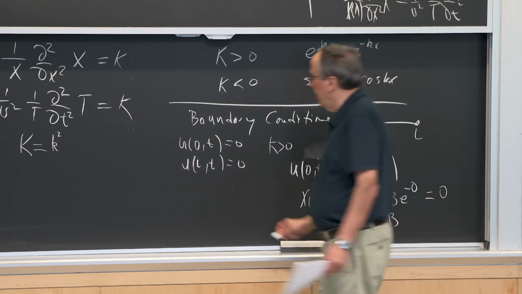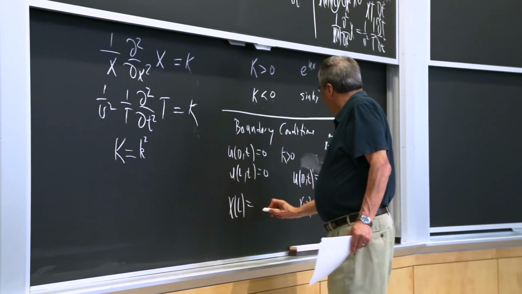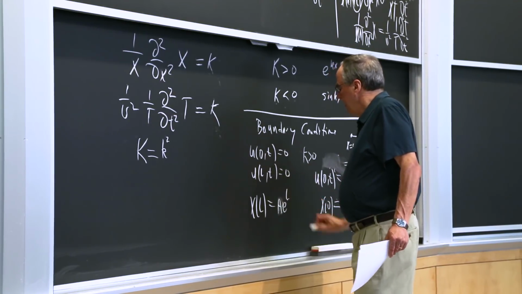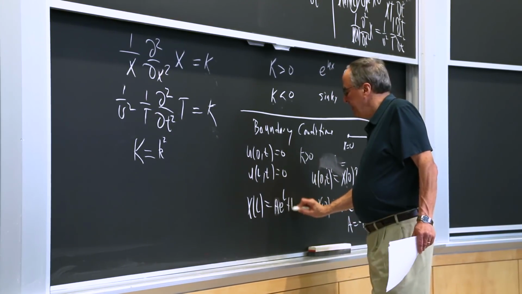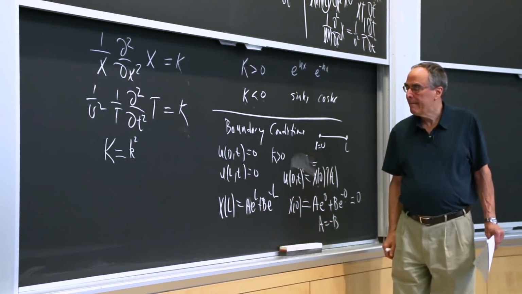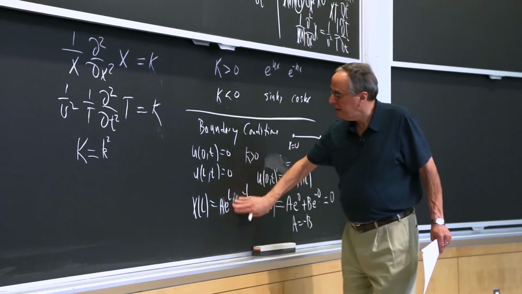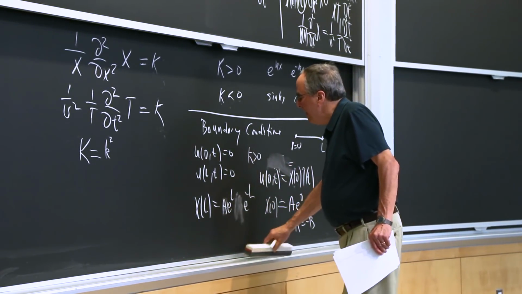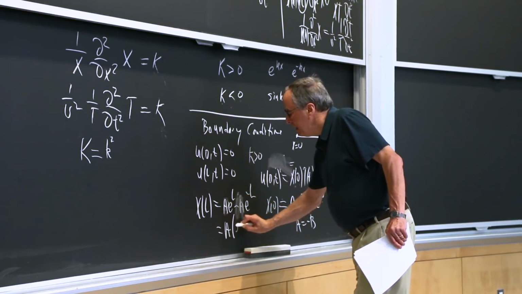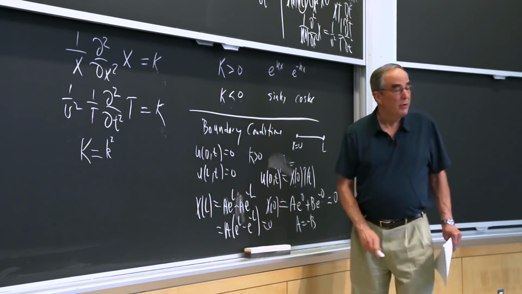And then we have the other boundary condition, x of L. We have a e to the L plus b e to the minus L. Well, I'm sorry, let's just put what we already know, minus a. So we can write this as a times e to the L minus e to the minus L. And that has to be equal to 0.